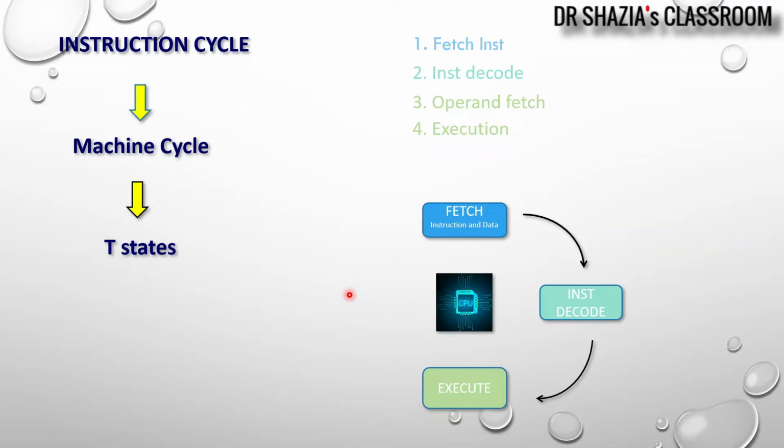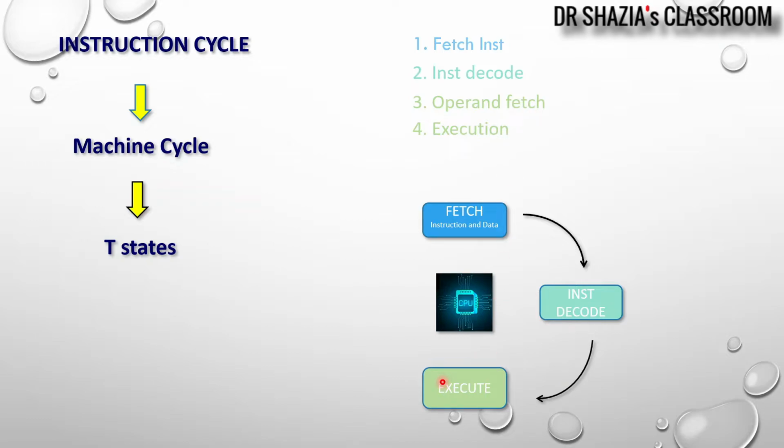Here, operand fetch and execution are shown through a single block, execute, because as it is a CISC processor, the operand could be stored either in the memory or internal to the processor. If it is stored external to the processor, then a bus operation is going to take place while fetching the operand.